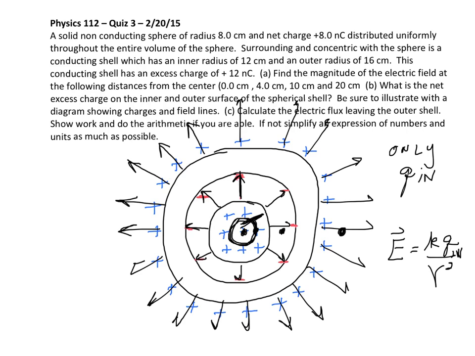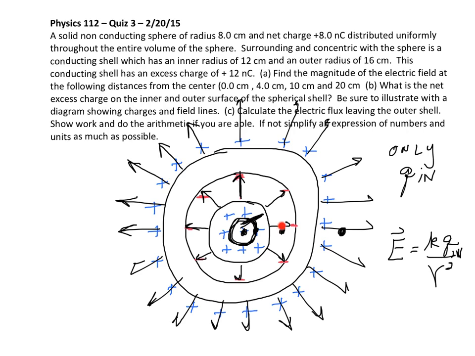Remember this is a sphere, it's not a circle and it's not a line, it's a sphere. This sphere has only 1/8 the volume of this. So if the charge in this is 8 nanocoulombs, the charge in here is only 1 nanocoulomb.